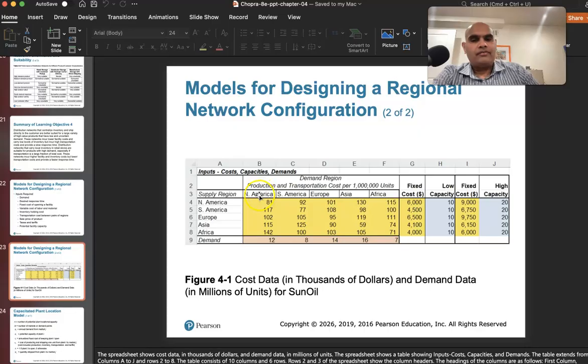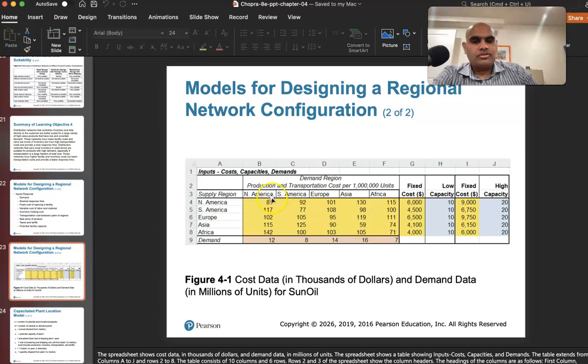And they have demand in all of these 5 regions. The numbers that you see here are the demands for these regions in millions of units. So North American demand is 12 million units, South American demand is 8 million units, European demand is 14 million units, and so on.